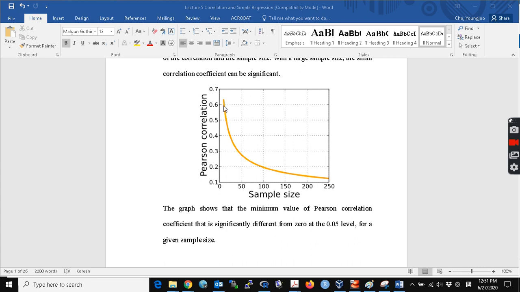But if you have, say, a sample size of 200, then a Pearson correlation of around 0.5 or greater is sufficient to be significantly different from 0 in the hypothesis testing.